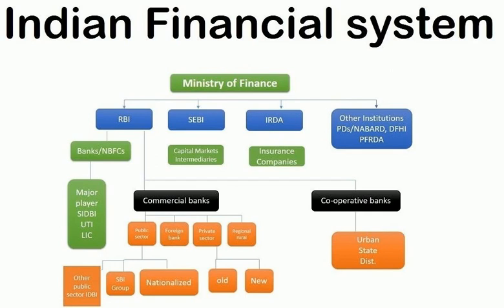They act as financial intermediaries, as a middleman between savers and borrowers. There are different types of financial institutions. The main institution is the commercial bank, which collects money in the form of various types of deposits and lends them to industry and trade.